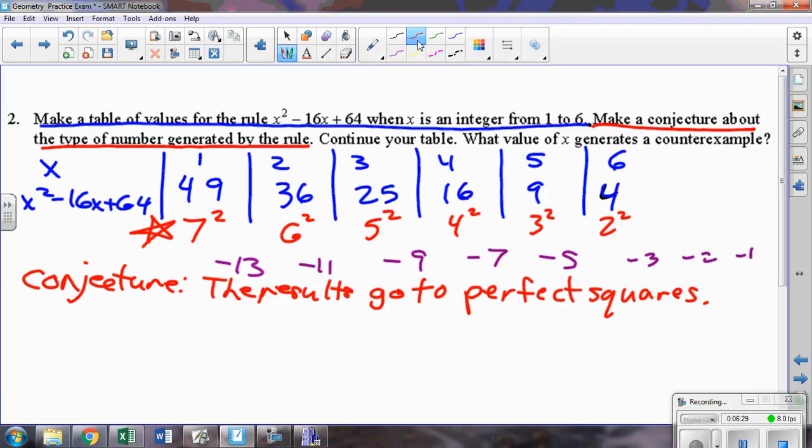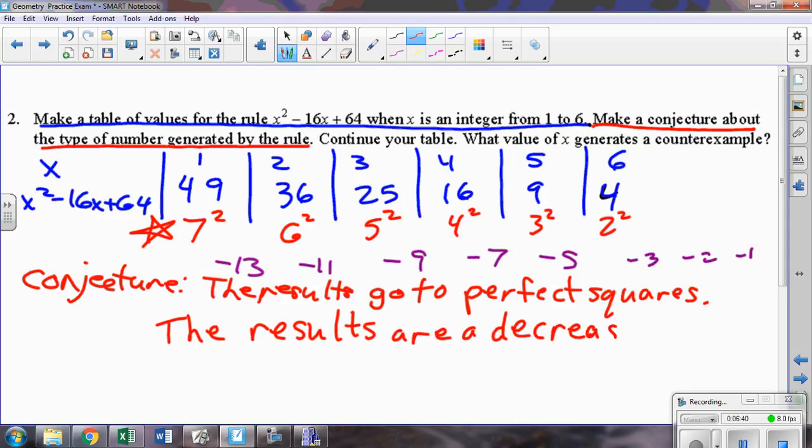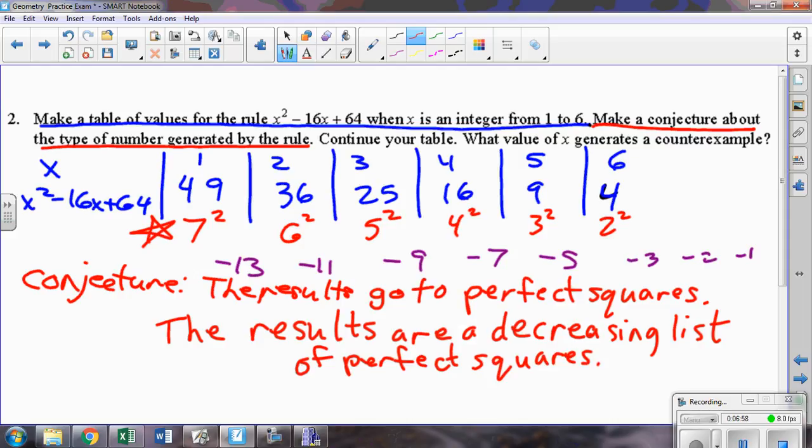We could be a little bit more precise and say the results are a decreasing list of perfect squares, because we are recognizing 49, 36, 25, 16, 9, 4. As we continue, the numbers have been getting smaller and smaller. So we could make the guess that it's based on a decreasing order. What conjecture you make will be up to you.